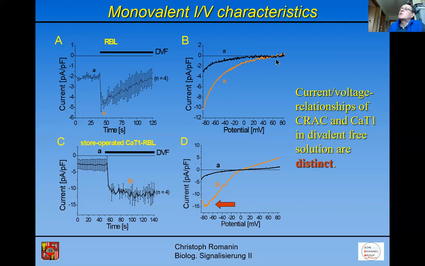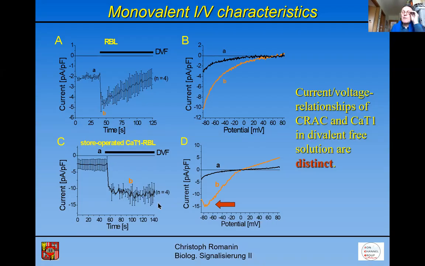When you now check for the store-operated CAT1, and of course this is an overlap which contains the endogenous but also the CAT1-expressing channels that now also allow the permeation of sodium in the divalent-free solution, you can see here also an increase.